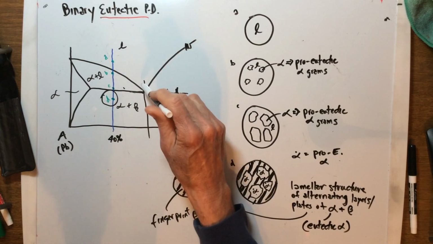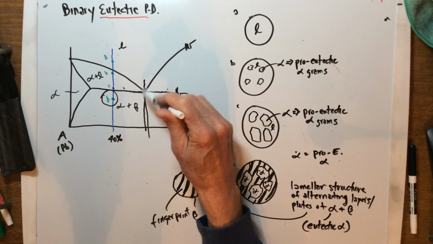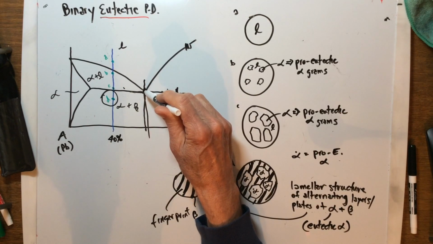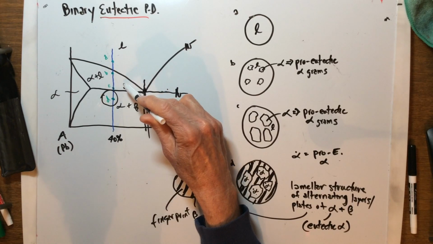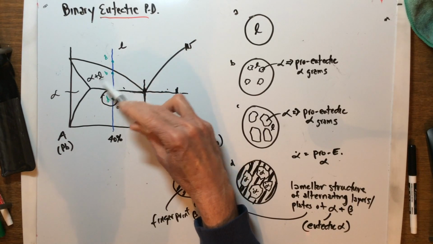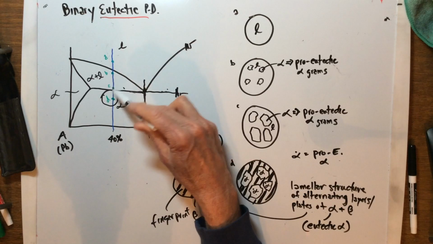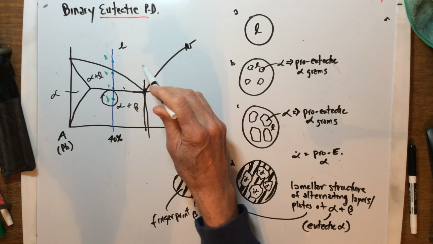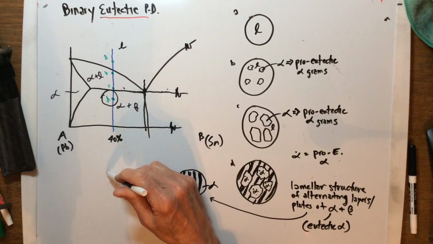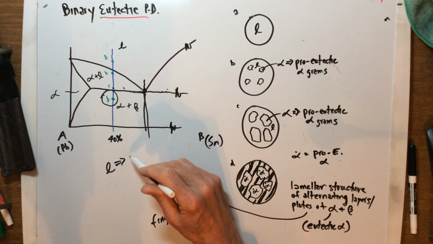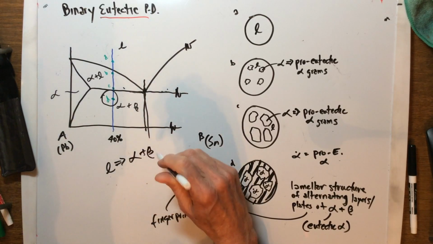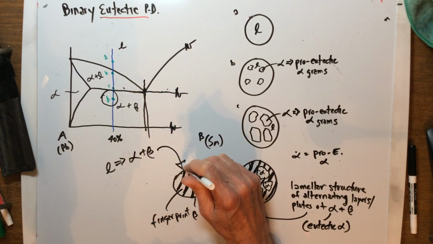Now look at this interesting point. Right at this eutectic composition, we have no two-phase region here. We don't have alpha and liquid here. All we have is liquid. So this liquid at this point goes to alpha plus beta. So in other words, what you end up having is something that looks just like this.